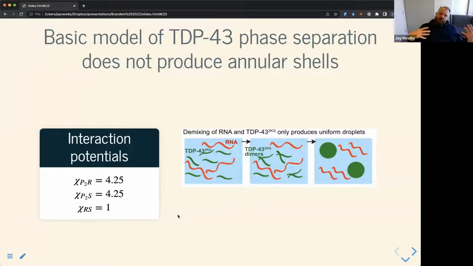Could we tune that chemistry in such a way that we get annular droplets? That was our question.